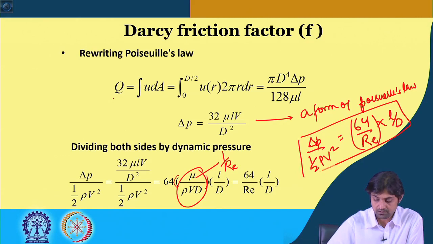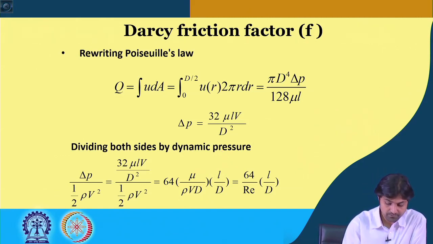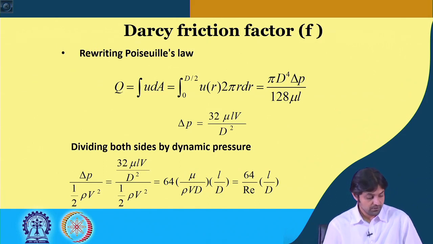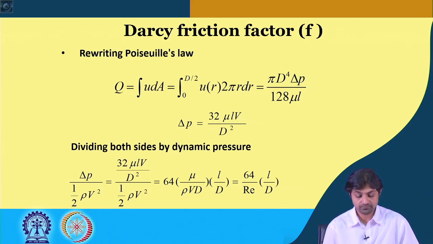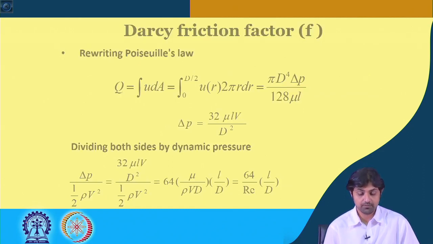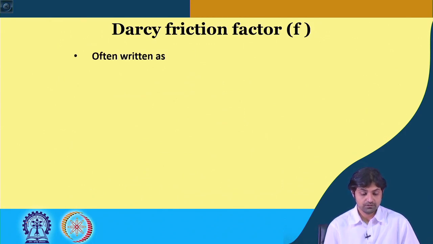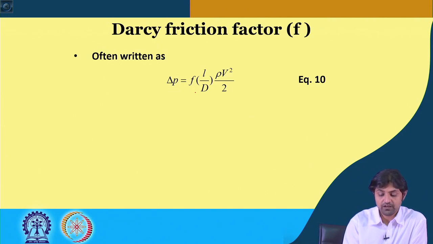All right. So you see, we would see later that this 64 by Re is termed as Darcy friction factor F. Darcy means this is for the laminar flow. So this is often written as delta p is equal to F into L by D rho V square by 2.